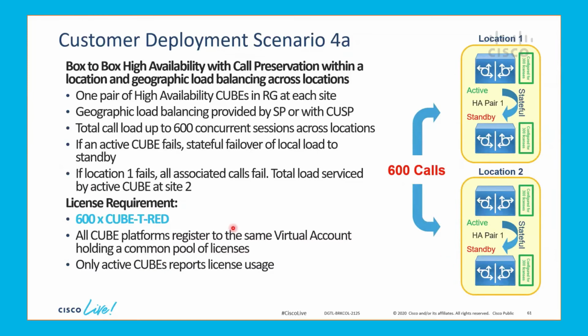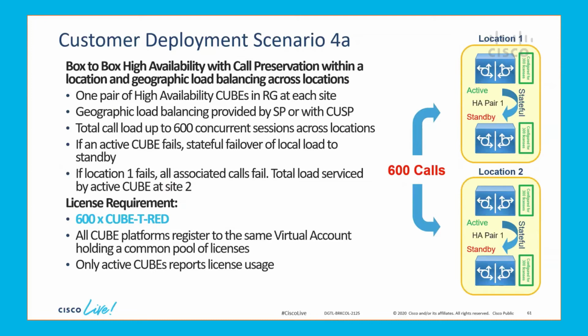If location 1 fails, all the calls in progress at that location will fail, right? If only the active fails within that location, then the standby will preserve signaling and media, preserve the calls, and take over all call processing. But if the whole data center goes down, then there is no movement, and all the calls are indeed lost because CUBE HA only works within the data center.